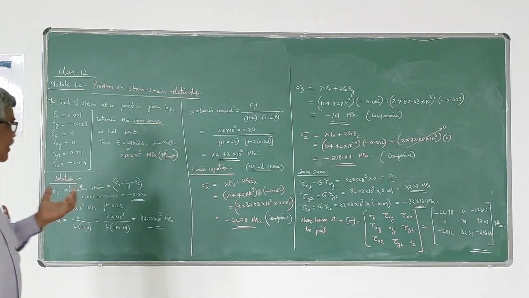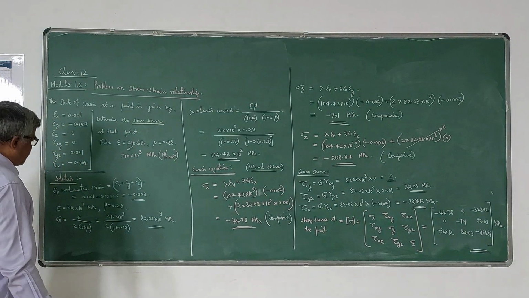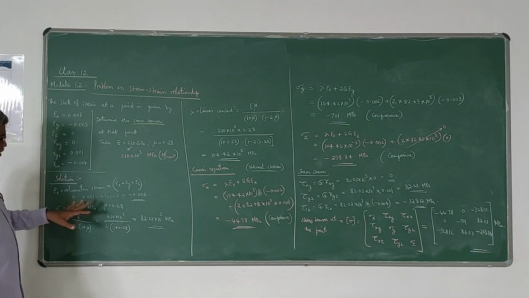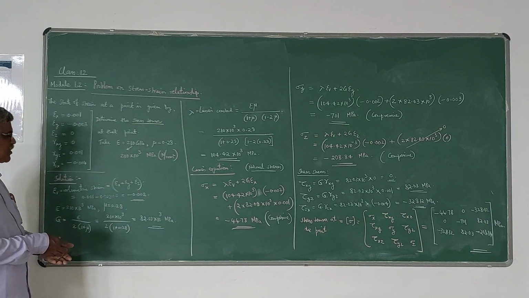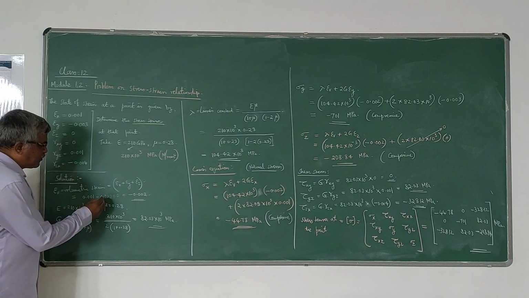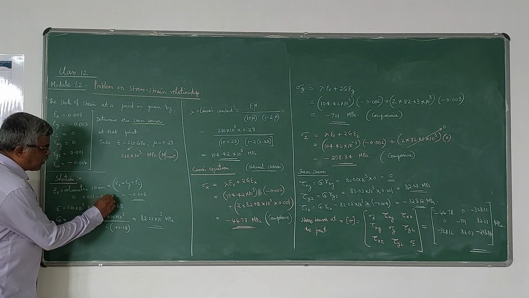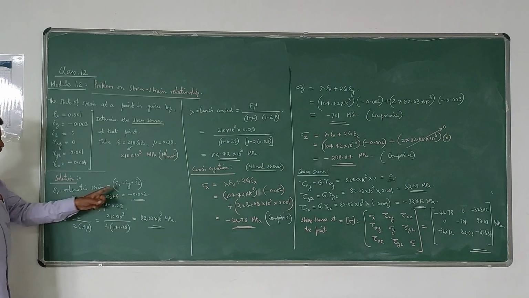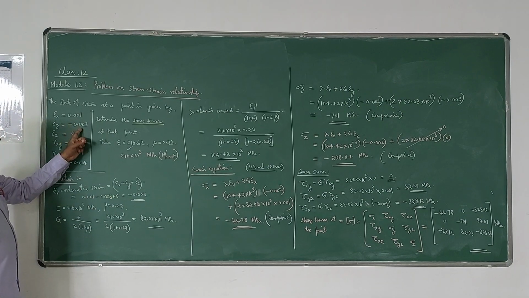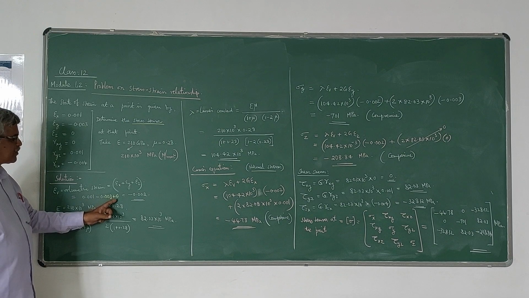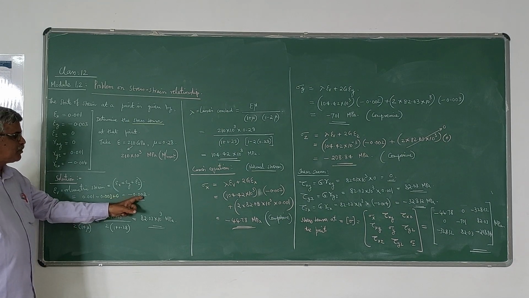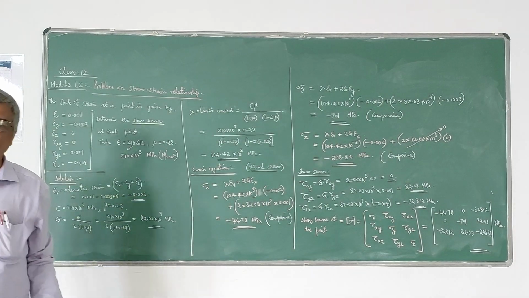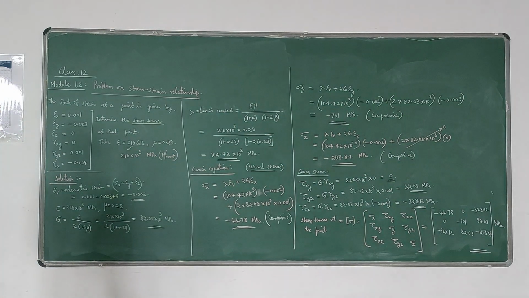So that is the meaning of these values. If you add all the three, epsilon x is 0.001, epsilon y is minus 0.003, epsilon z is 0, you get minus 0.002 as the value of volumetric strain.